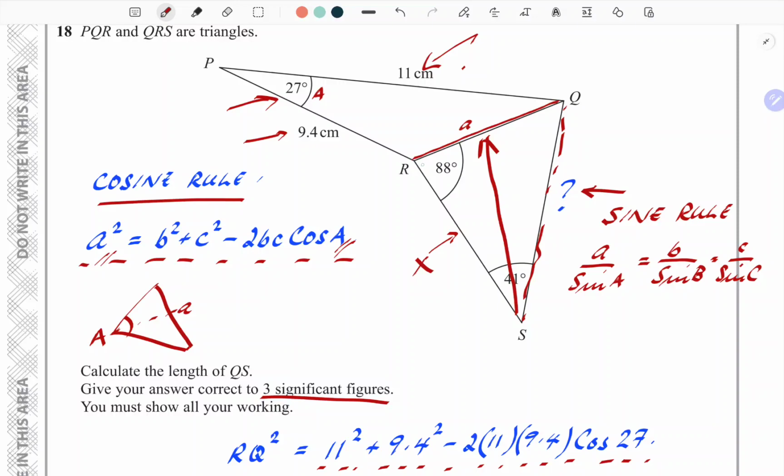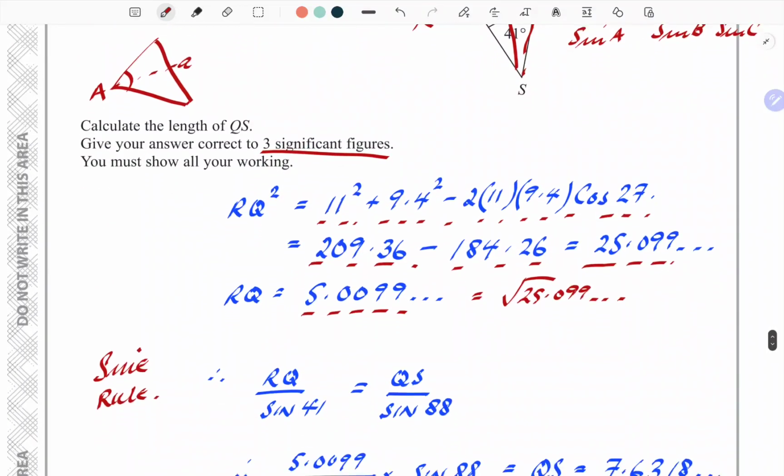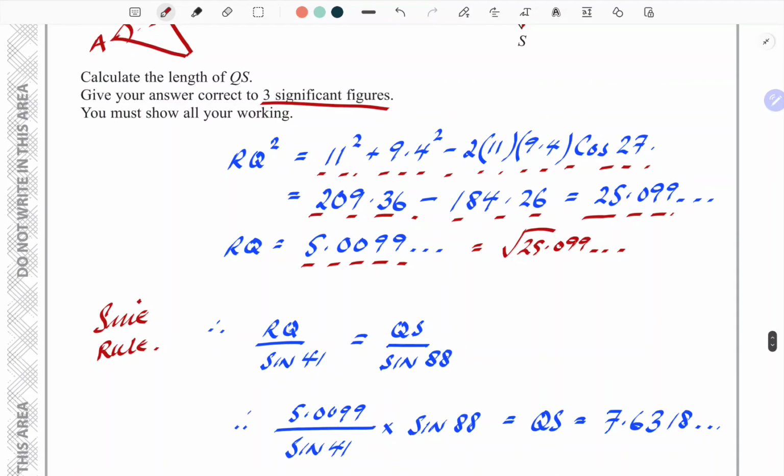So we're going to relate that to angle 88. Going back to it, RQ is opposite to the angle 41. So RQ over sine 41 must equal the one we want, QS over sine 88.